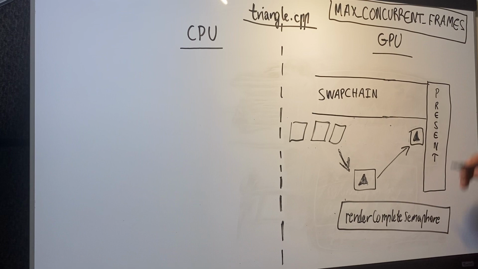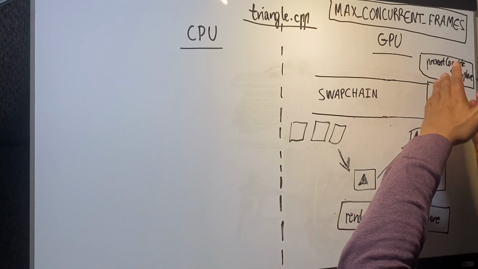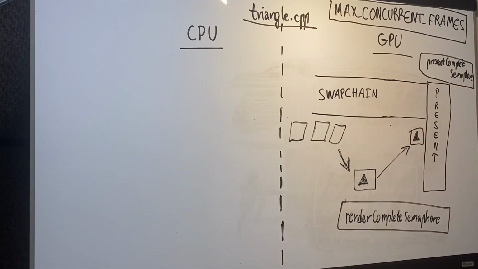I'm sorry it's smaller, but you guys will understand. So this is the present complete semaphore, right? So we have our render complete semaphore and our present complete semaphore, okay?